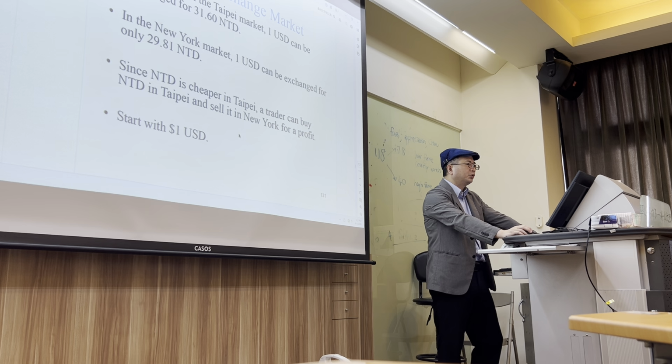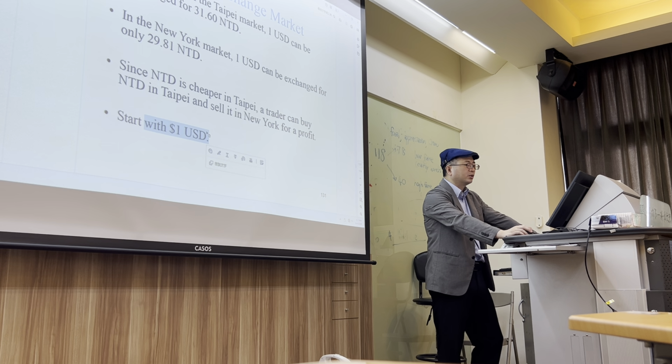And in the New York market, 1 USD can be exchanged only for 29.81 New Taiwan dollars. Since the New Taiwan dollar is cheaper in Taipei, a trader can buy New Taiwan dollars in Taipei and sell them in New York for a profit.